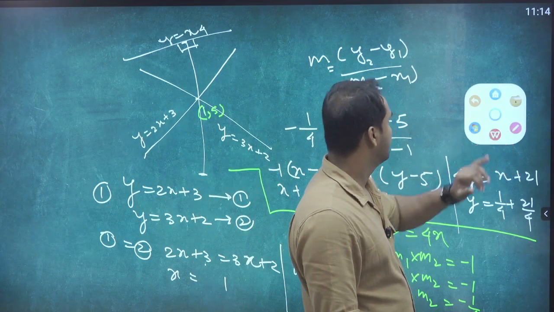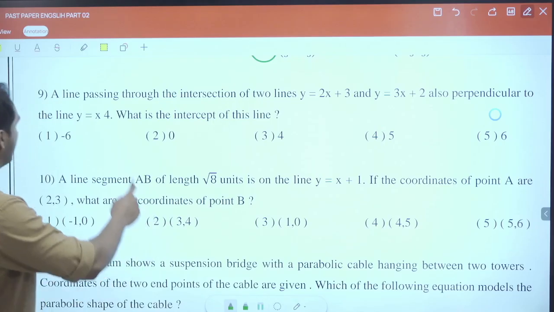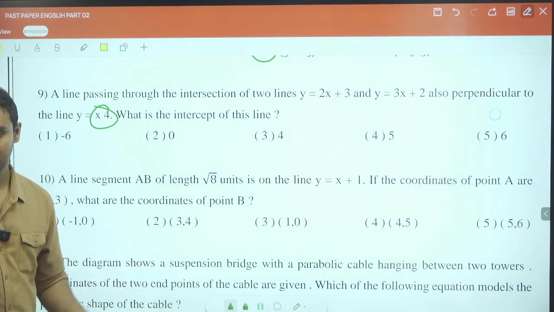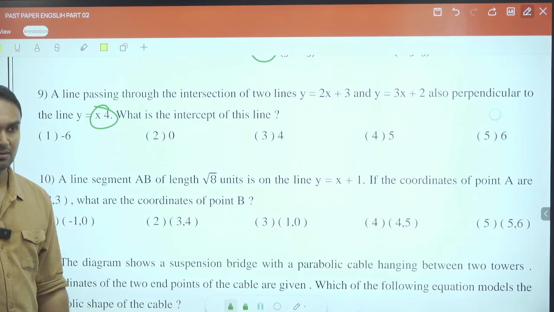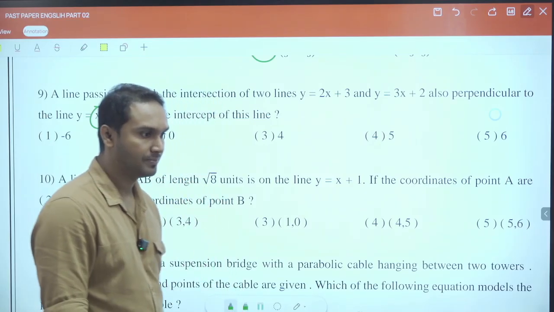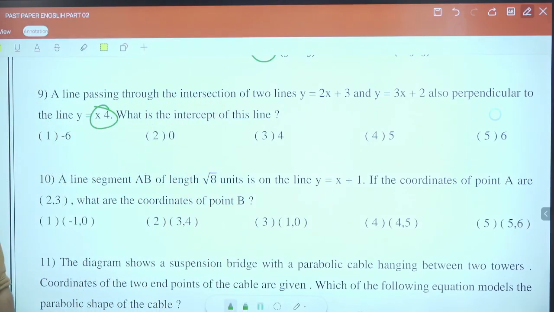I'm a bit worried about this part. This doesn't look right. Either it's x plus 4 or something, maybe. If it's x plus 4, then that answer will come. We need to check this in the past paper, because something like this appeared. I think it was 2019.